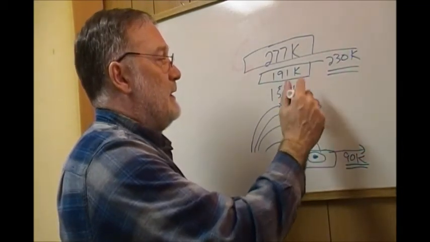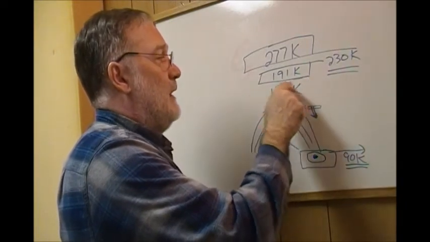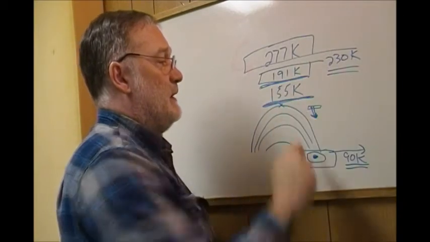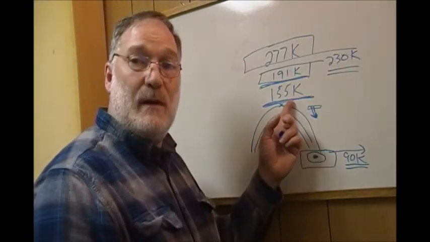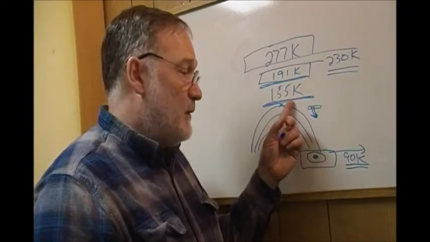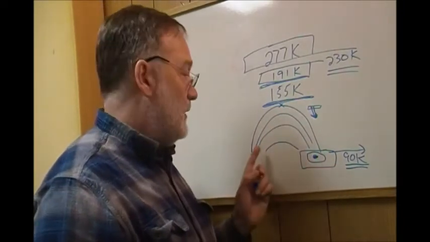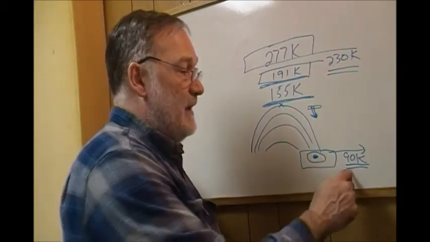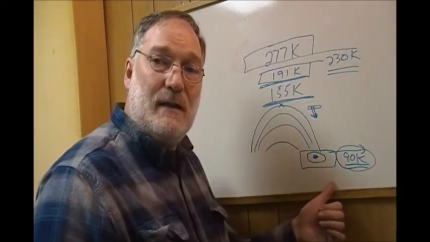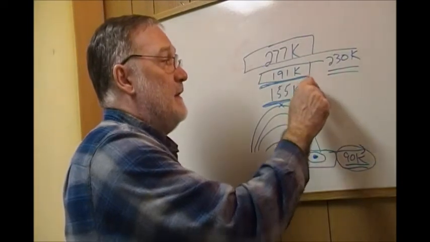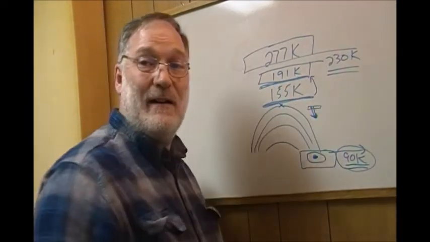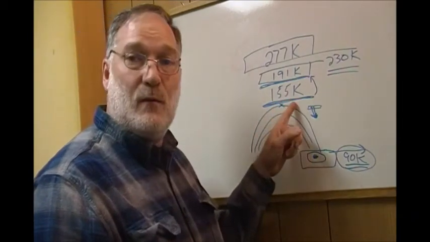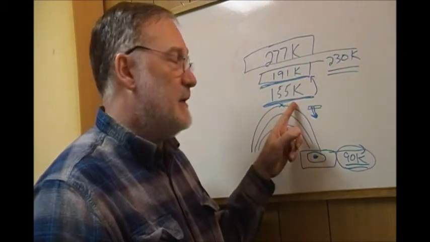That average temperature then would be 191, whereas the black body temperature would be colder than that, because the black body temperature would have 0 at night, close to these same temperatures during the day, but 0 at night. And so that elevated temperature at night is what causes the moon's temperature to be higher than the real point by point black body temperature.